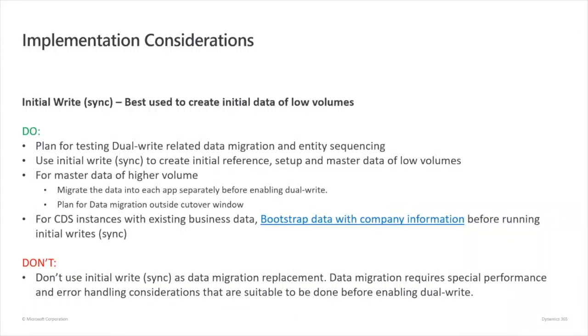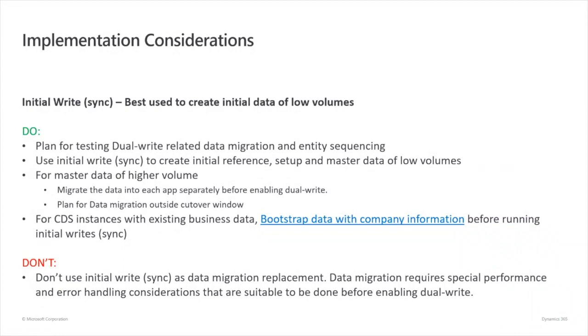But if your data volume is much higher, if you have hundreds of thousands or millions, you are better off migrating the data into each app separately before even enabling dualwrite. You can at that point migrate the data to each application, and at the time of enabling dualwrite, you can simply skip the initial write step.